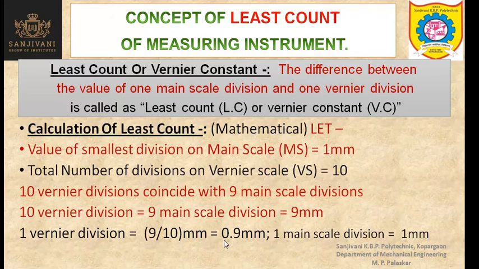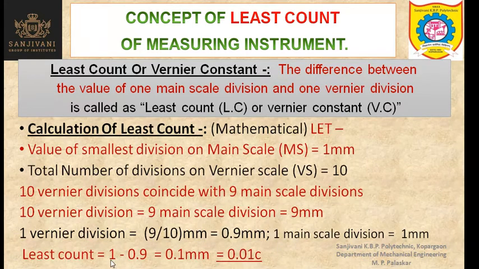So that is equal to 0.9 millimeter, and we know that one main scale division is already 1 millimeter, and therefore the least count will be equal to 1 minus 0.9, that is equal to 0.1 millimeter or 0.01 centimeter.